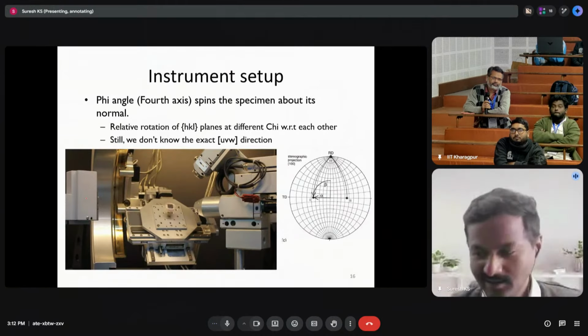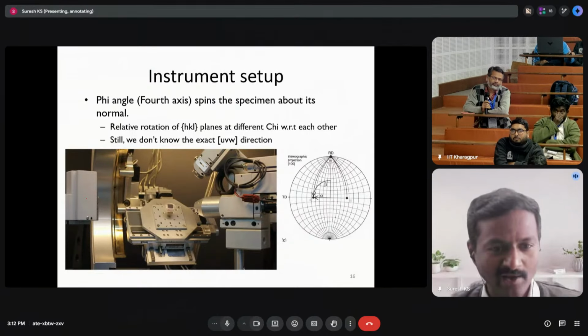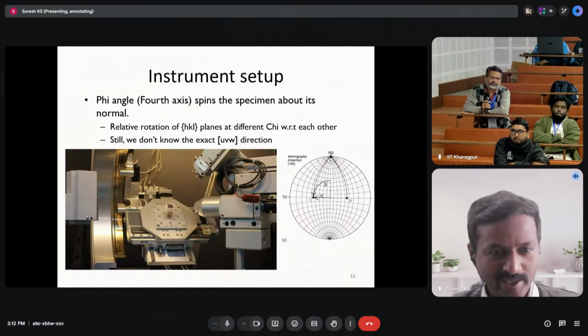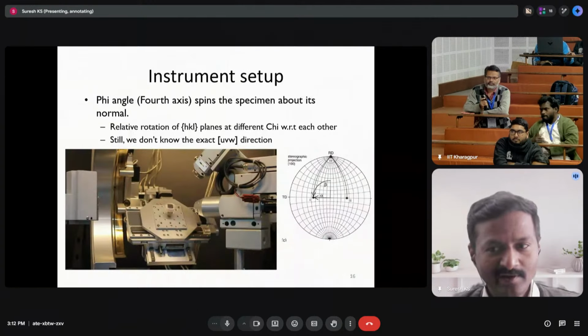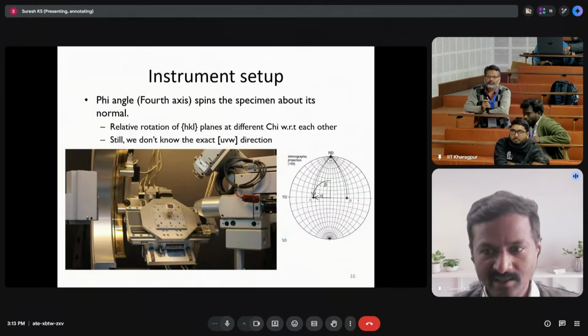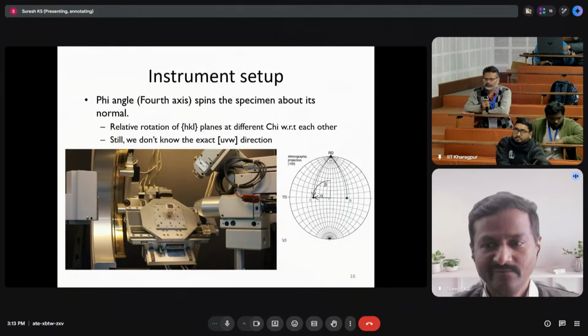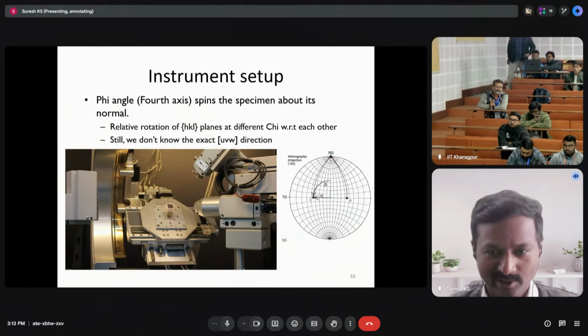But I'm sure at IIT Kharagpur you have a line detector as well as an area detector. With those two-dimensional detectors, the need for rotating about 360 degrees and also going along the chi tilt for every 5 degrees is not needed.